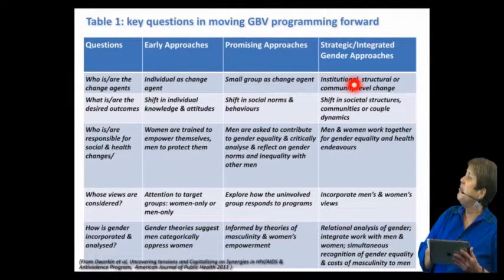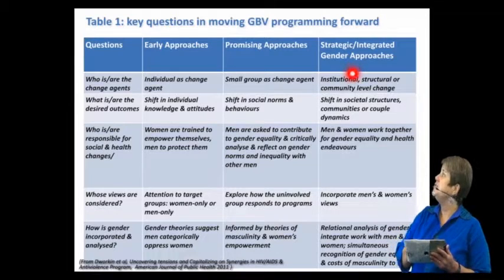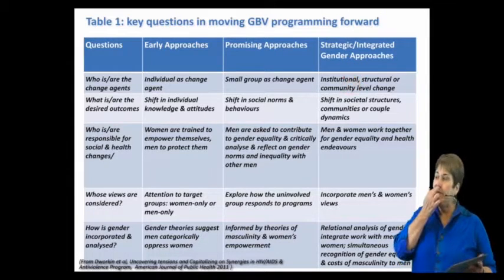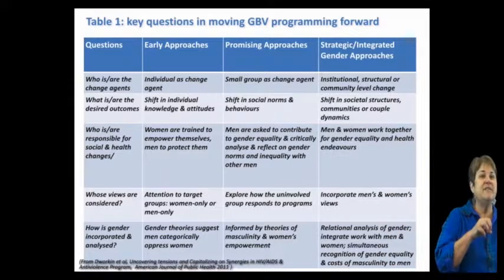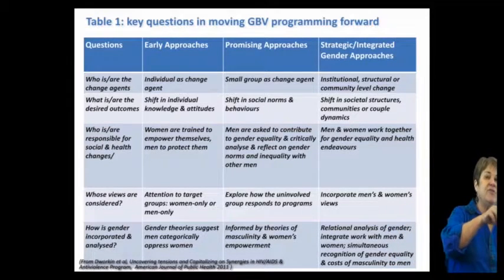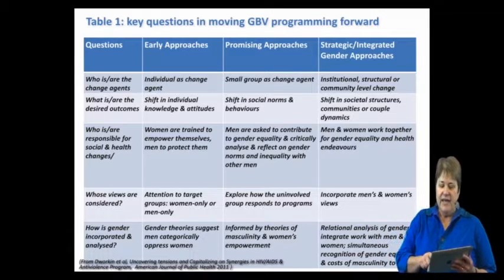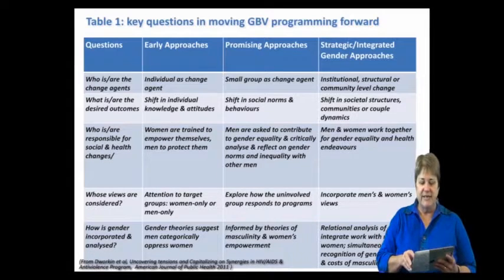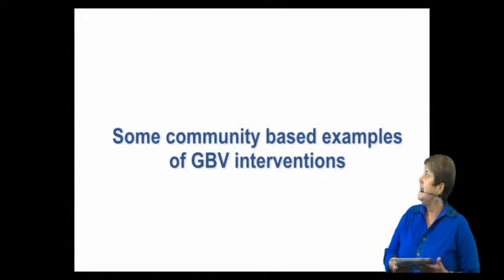The strategic approaches recognized that you don't need to stop working at these two levels, but to change something, you also need to change it at the institutional level, at the structural level. For example, some programs found that you can change things amongst individuals, but then they go back into their community or back into the society, and it's hard to sustain it. So that's how it came about that we started looking at different kinds of ways of dealing with the problem.